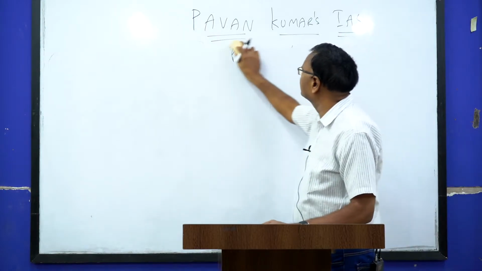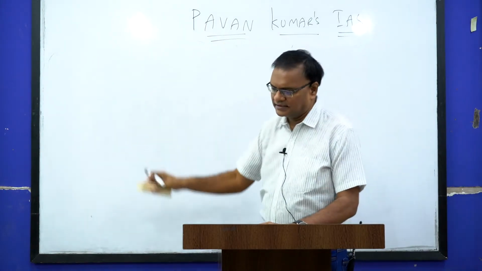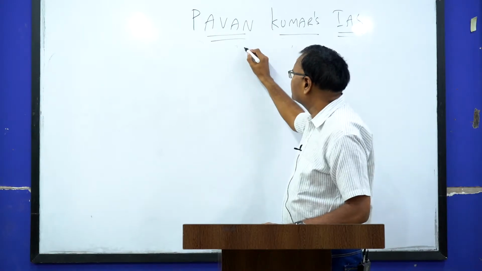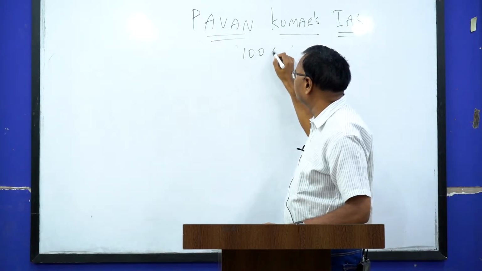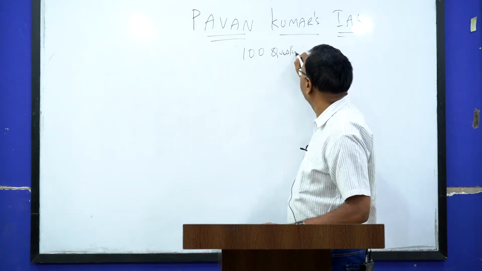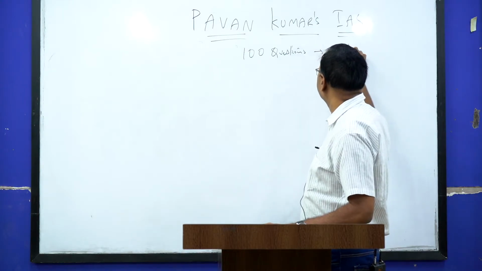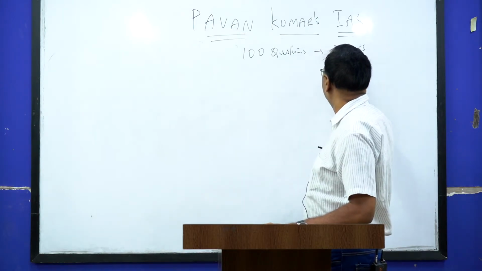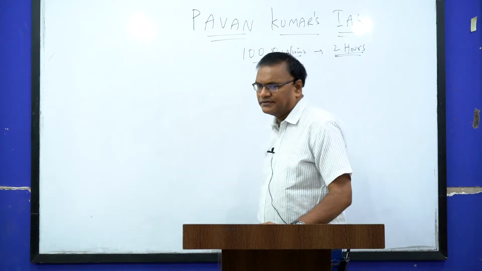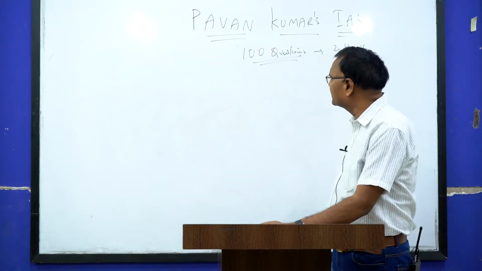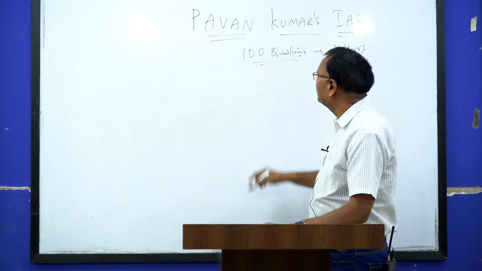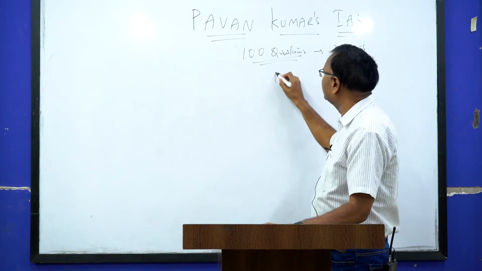First, let us look at the syllabus of paper 1, General Studies paper 1. Here, you are expected to answer 100 questions in 2 hours. All of them are objective, and you also have negative marks.